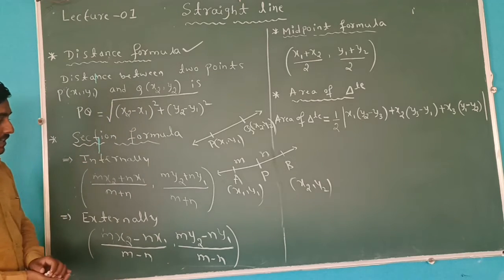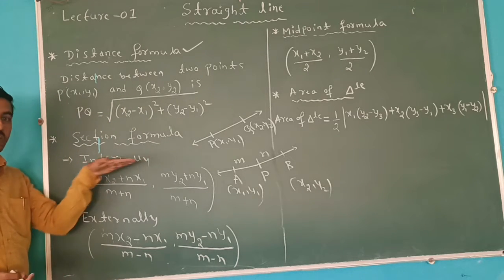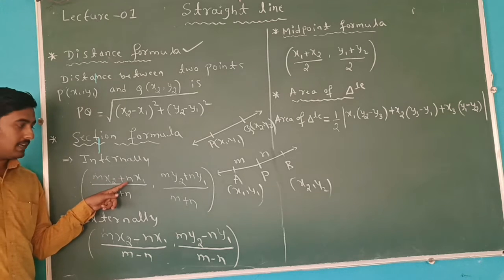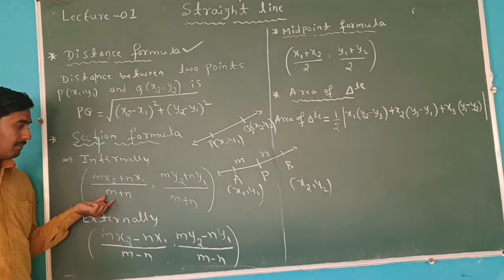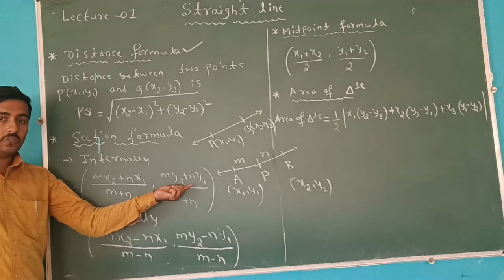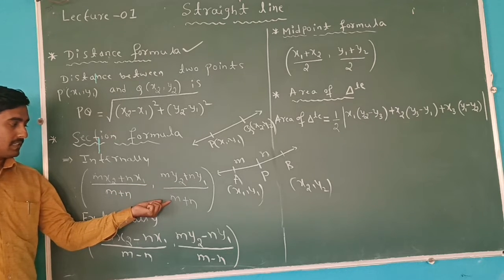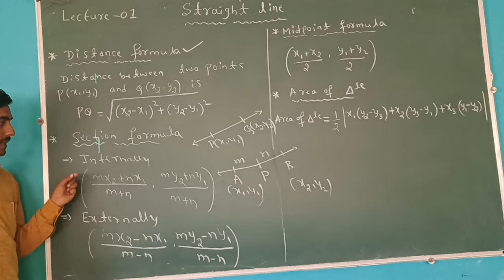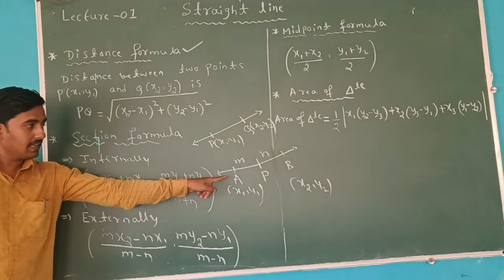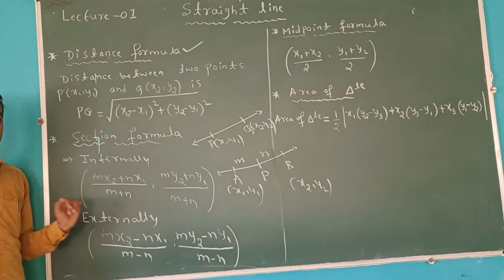This is the section formula when that point P divides the line AB internally.